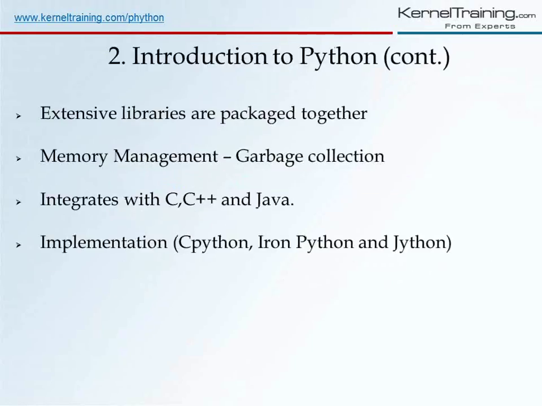This is .NET framework based, so we can access the .NET libraries using IronPython. The third one is Jython. This is basically a Java implementation, so it works on the JVM, and you can access Java libraries using this.